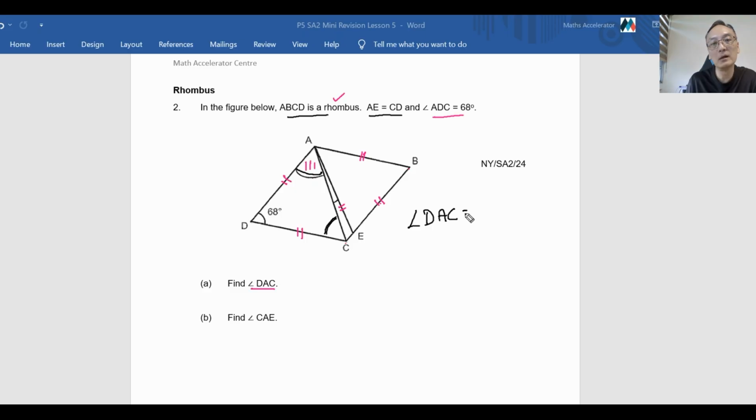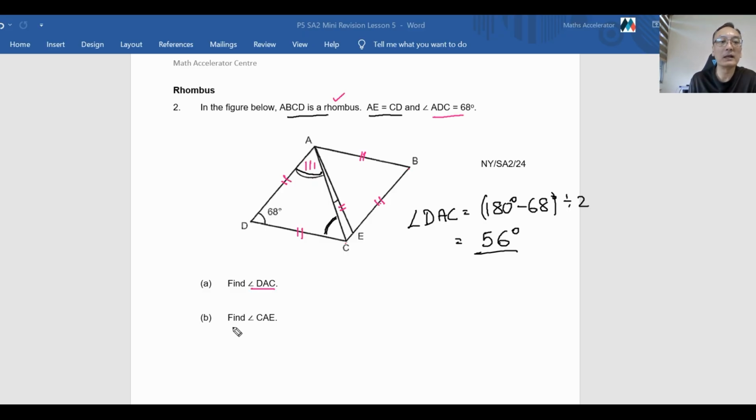The sum of angles in a triangle is 180, and if these two are identical, we can use 180 degrees minus 68 and divide by 2. Then we should arrive at 56 degrees. So the first answer, 56 degrees for part A.